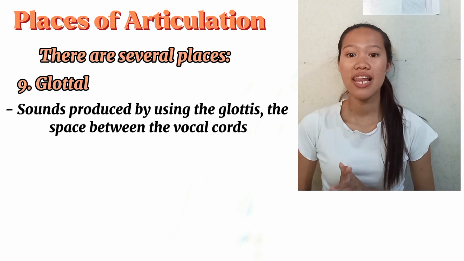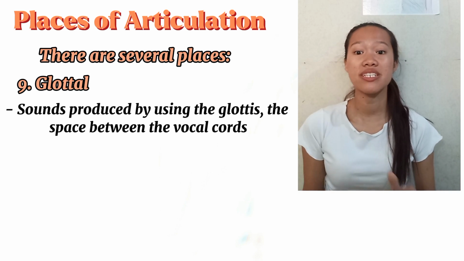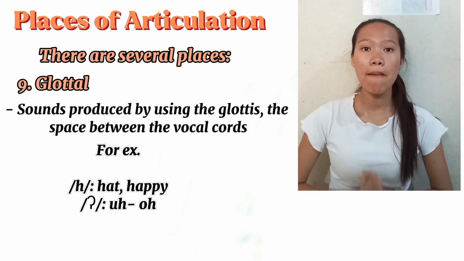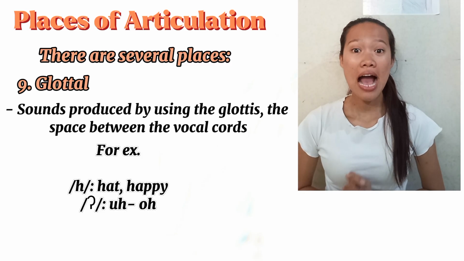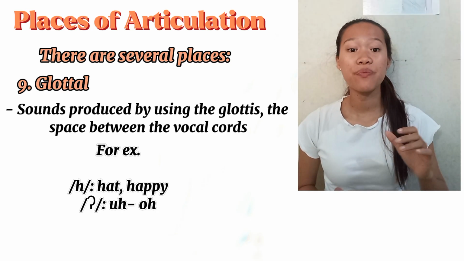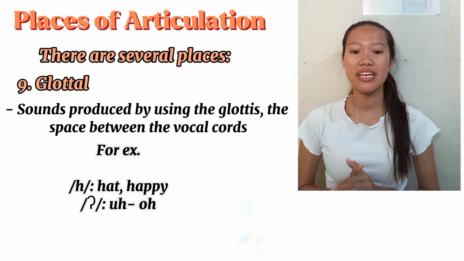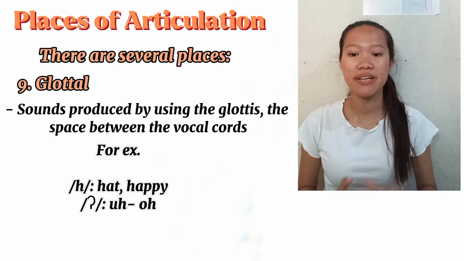The word glottal comes from glottis, which is the space between your vocal cords in your throat. For example, h, head, happy. For the glottal stop, hold your breath for a very short moment in your throat. Oh. Again. Oh. Slowly and feel the stop in the middle.